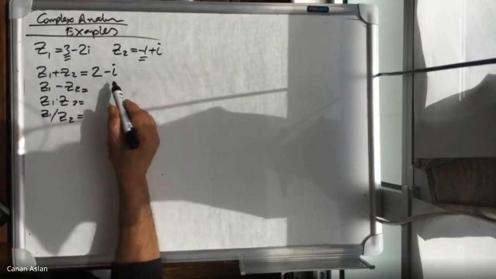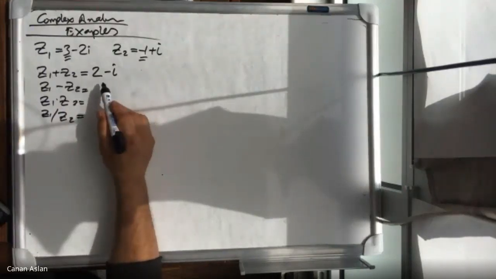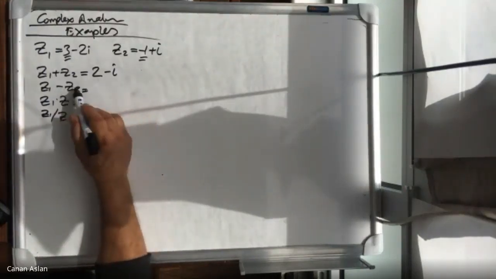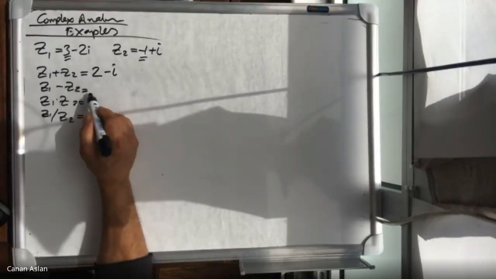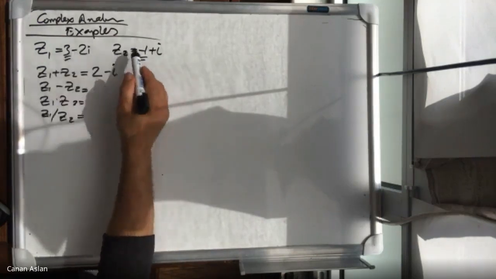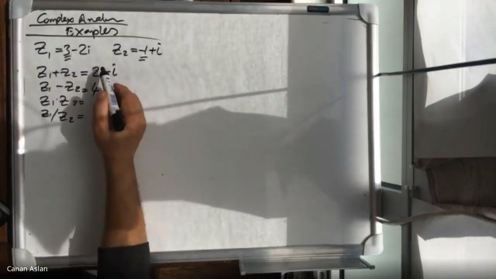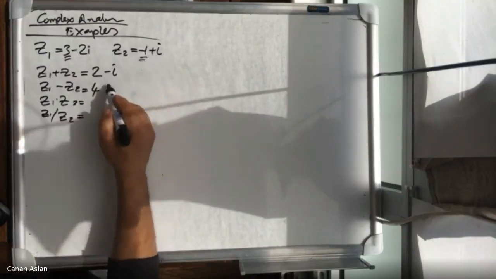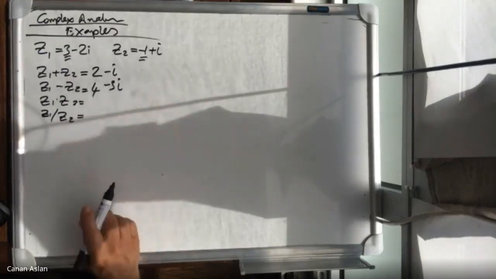So the summation of these two complex numbers is just 2 minus i. The subtraction, or the difference between the two complex numbers, is that now you subtract the second one from the first one. 3 plus 1 is 4, and then minus 2 minus 1 is minus 3i. Okay, so the difference is this.